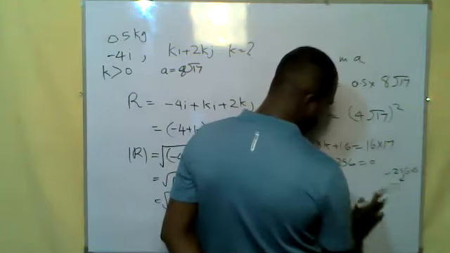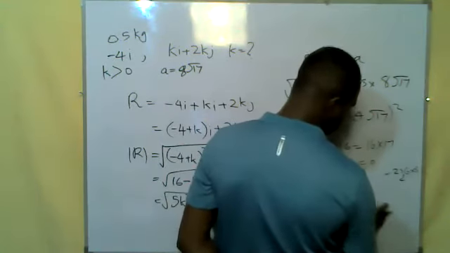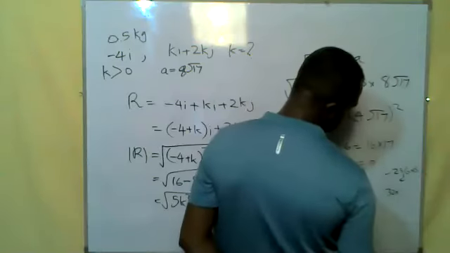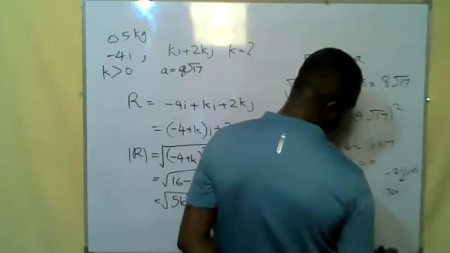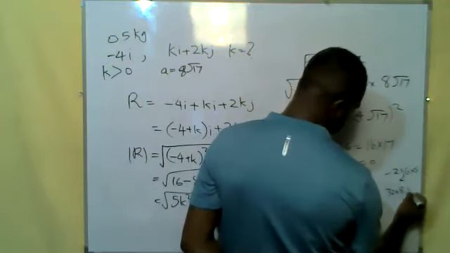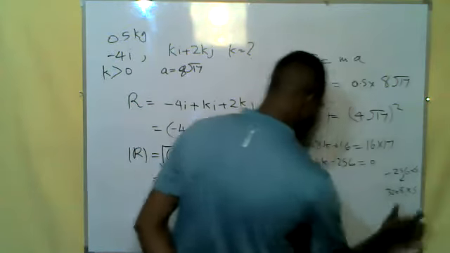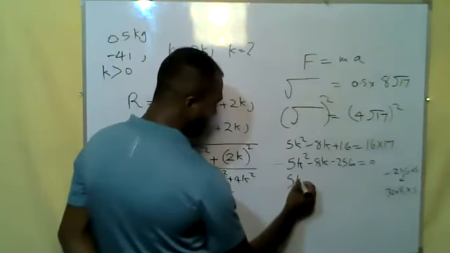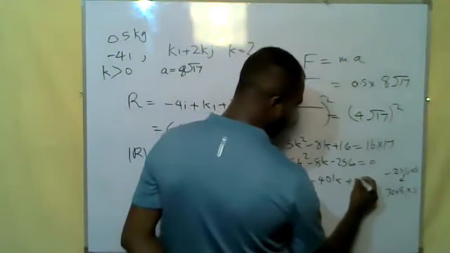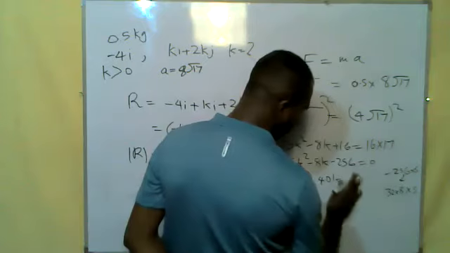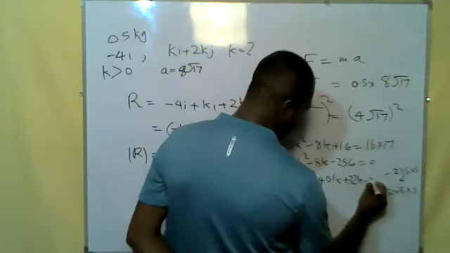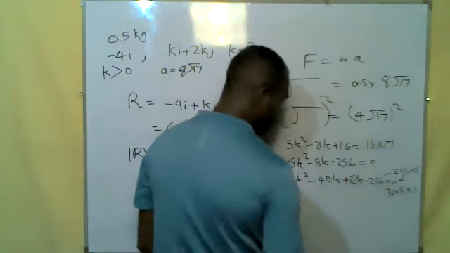So you can think of it like 32 times how much? 8 times 5. Yeah, we can factorize this one. 5k to the power 2 minus 40k plus 32k minus 256 equals 0.